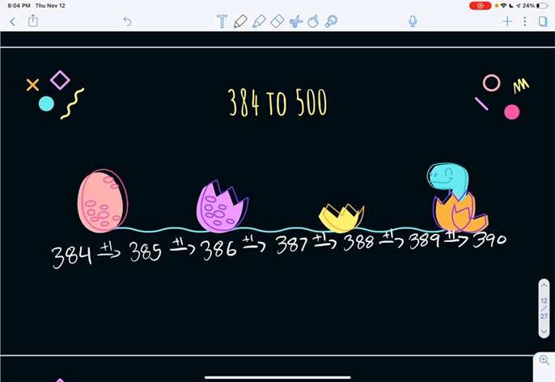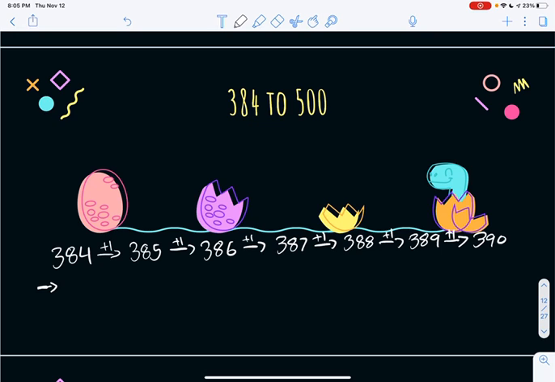Alright, now we're just going to go to the bottom and start again. Did we reach our benchmark of 390? Now that we reached 390, what number is our benchmark number? 390, and the 90 is, you can go up or down by tens. So our next benchmark number, we're going to count by tens, till we reach our next benchmark number where we can start counting by hundreds.